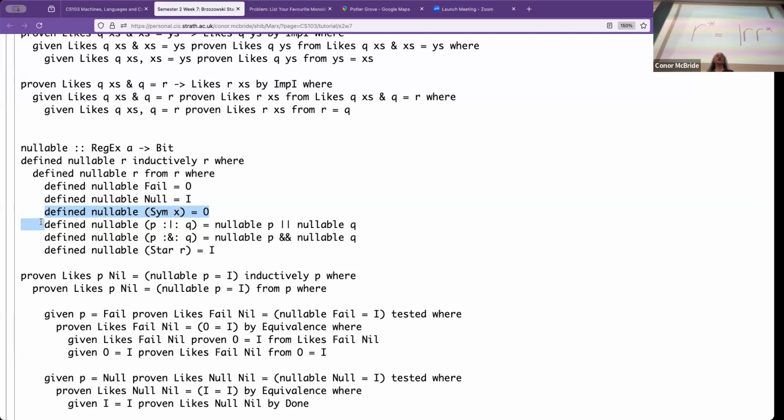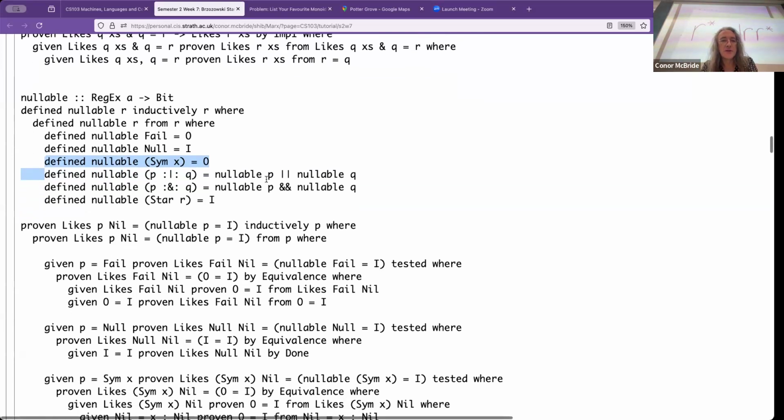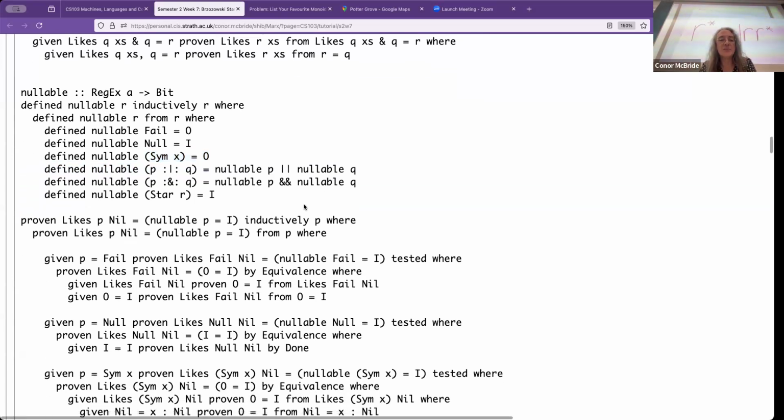So there's a strong resemblance between nullable and evaluate, which I would recommend that you recognize. Okay. So that's what happens if the input's empty.